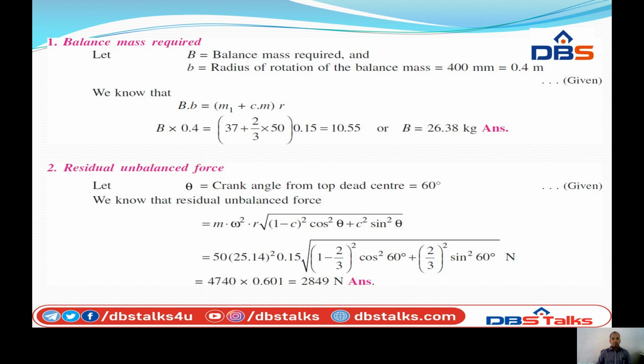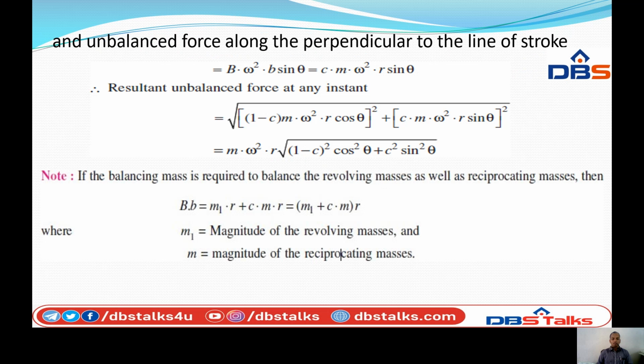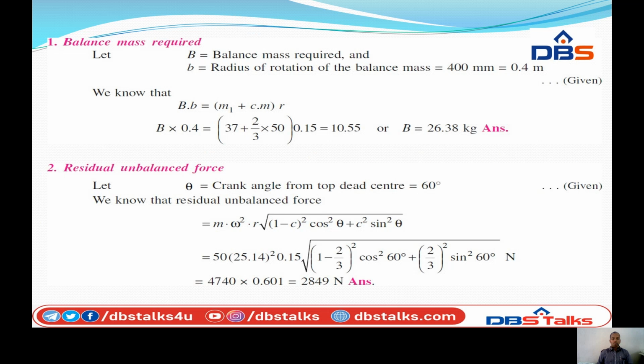Let capital B be the balancing mass required and small b the radius of rotation, which is already given in the problem as 400 mm, that is 0.4 meter. So finally, what is the formula? B b is equal to m1 plus c m into r.